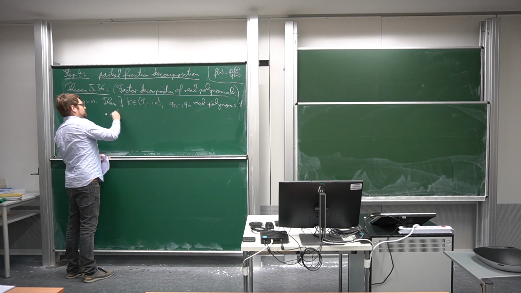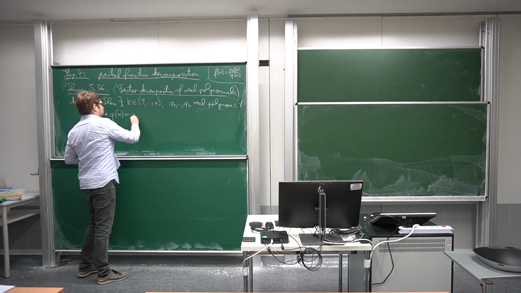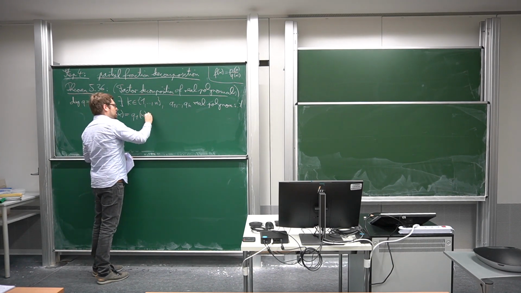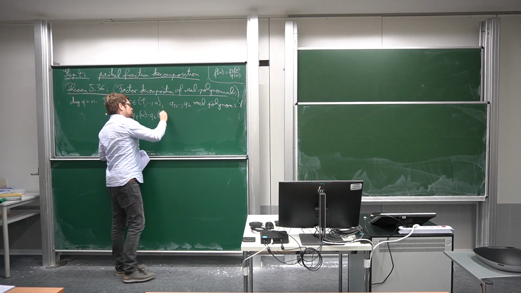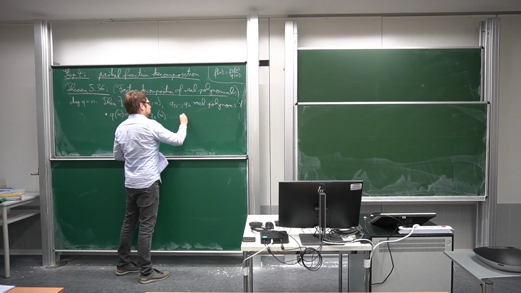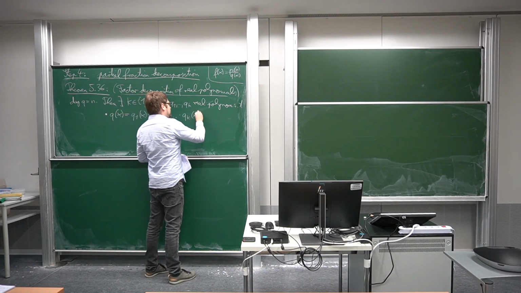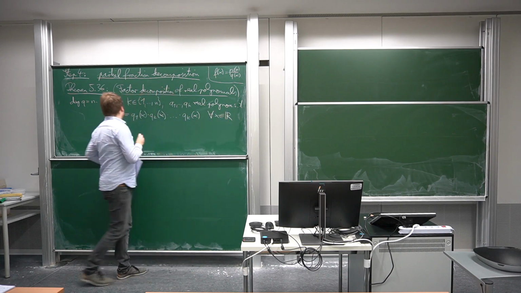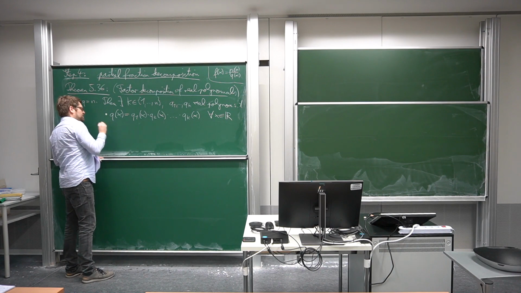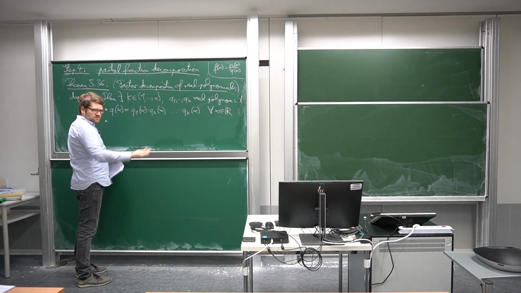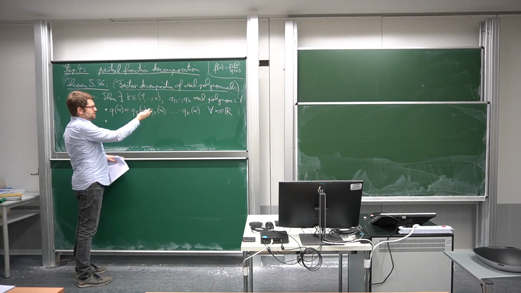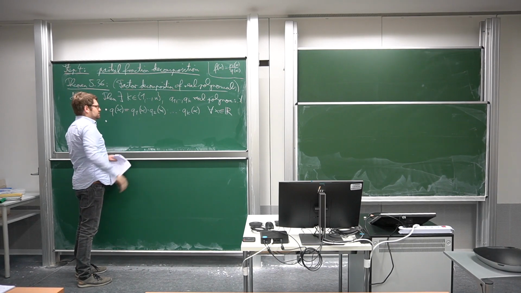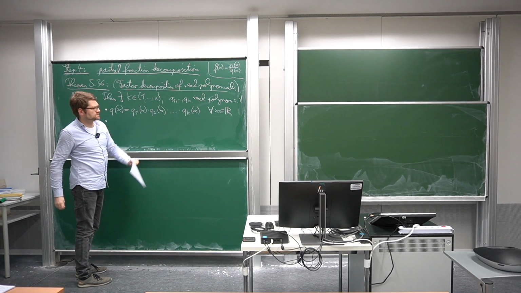We just demand that q of x is the product of all these polynomials: q1 of x times q2 of x times up to qk of x, for all x in R. Okay, and the special thing is, we can always find such a decomposition by factors. I mean, of course, so far it's trivial. I can just take q1 equal to q and all the other polynomials equal to 1.